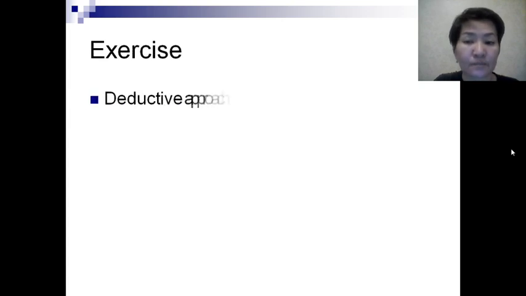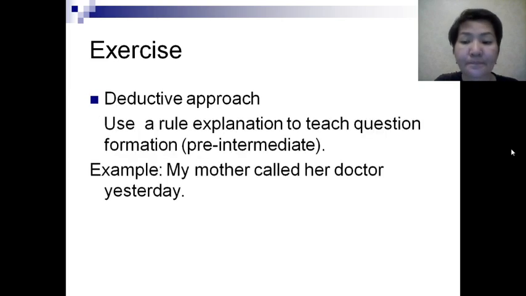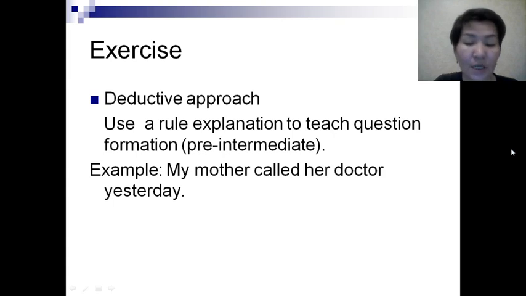And here we have some exercises. For using the deductive approach: use the rule explanation to teach question formation. For example, my mother called her doctor yesterday.